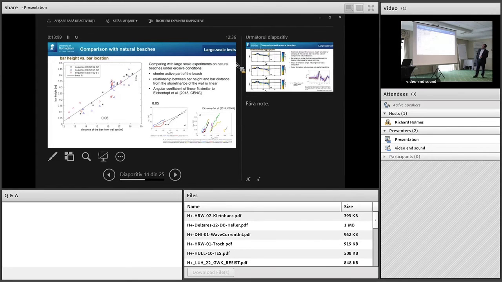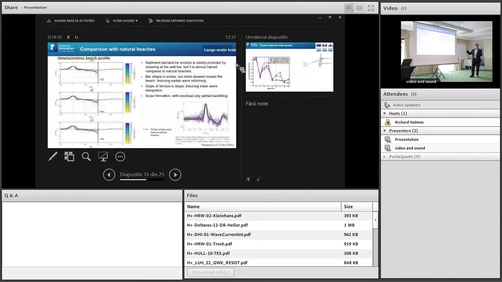And what we wanted to do is also to compare with natural beaches, which are quite different, really, because in the case of the seawall, the beach is located so that part of the supply of sediment is not available. I cannot pronounce it well. Could someone help me there?